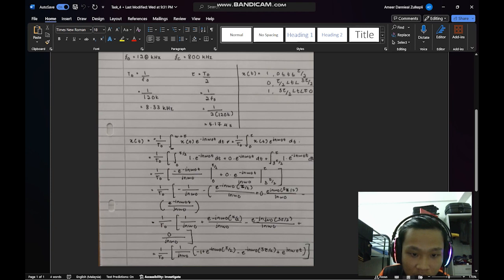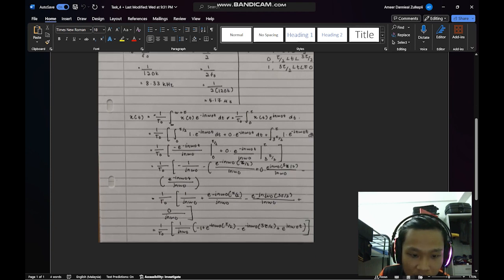Then after we do everything, the last answer will be equal to 1 over TO in bracket, 1 over j omega in bracket, -1 plus the exponent of negative j omega t in bracket tau over 2 close bracket, negative e to the negative exponent of j omega in bracket 3 tau over 2 plus exponent j omega close bracket close bracket.